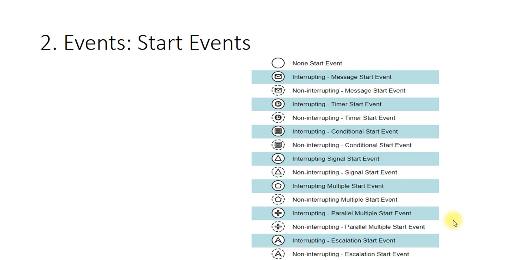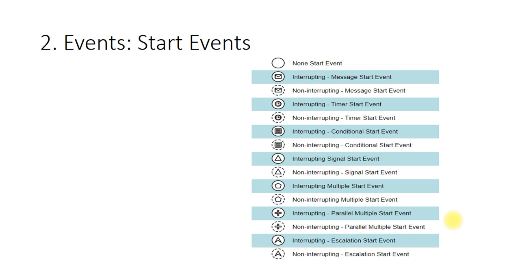Then we have parallel multiple events, which means there are multiple events required to trigger a process. It can be interrupting or non-interrupting. The main difference between multi-start event and parallel multiple event is that in multi-start event, even though there are a lot of events which may trigger a task, only one event is required.